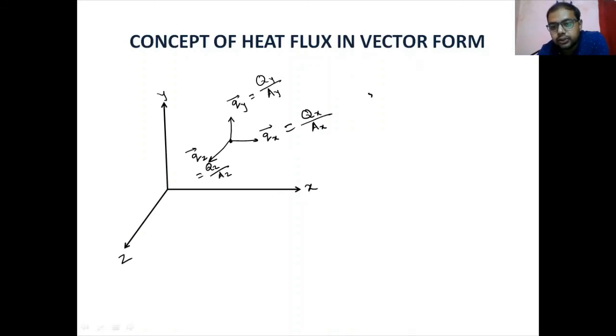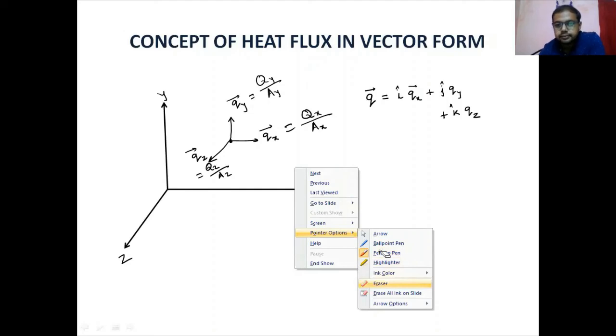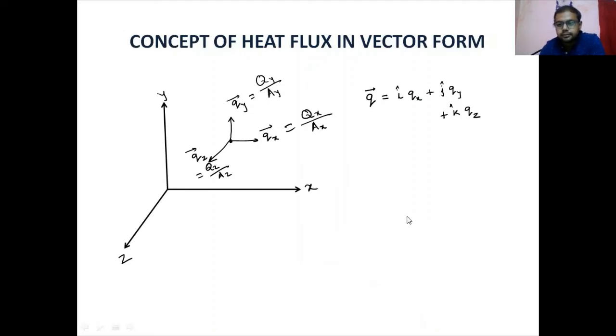So the total heat flux Q is i times Qx plus j times Qy plus k times Qz, where Qx, Qy, Qz are the magnitudes along the x-axis, y-axis and z-axis.